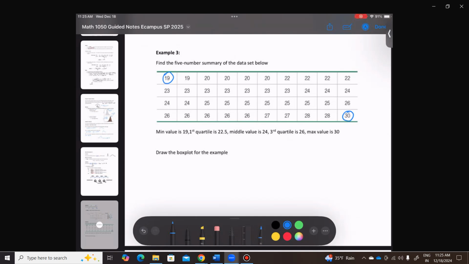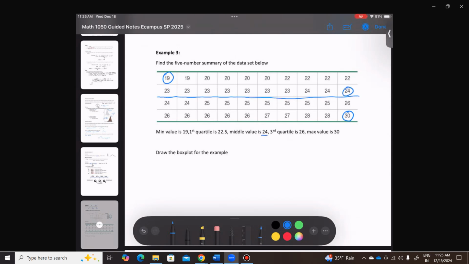Okay. For this, we'll divide this in half. Notice this is all sorted data. So we divide this by half and we look at the two values towards the center. So 24 and 24. We average those. And when you average the middle values, you get a median of 24.